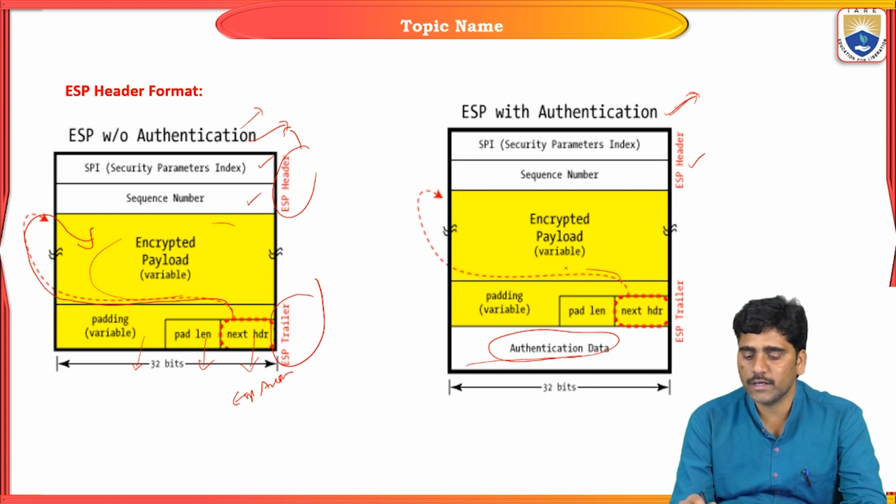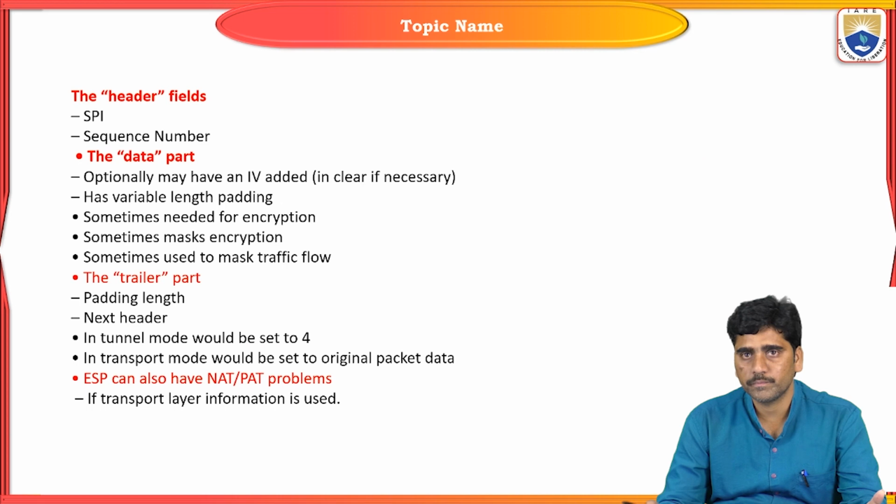The next header indicates the encrypted payload, followed by authentication data. So this header format does not contain an authentication field, and here ESP with authentication contains authentication data. That is the difference between without and with authentication of the encapsulating security payload.